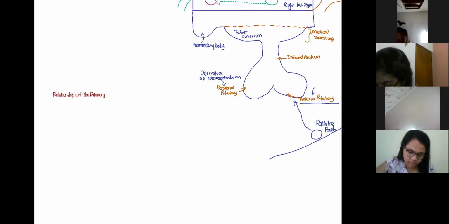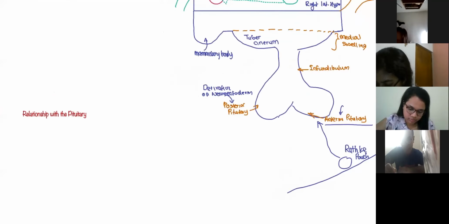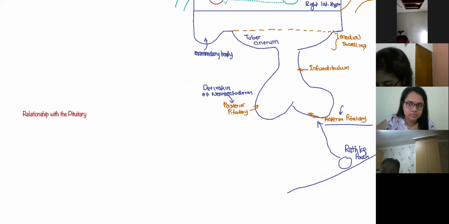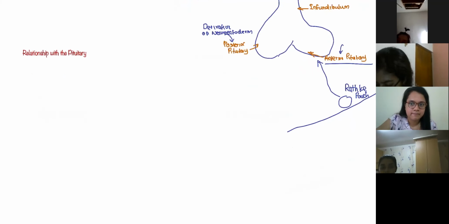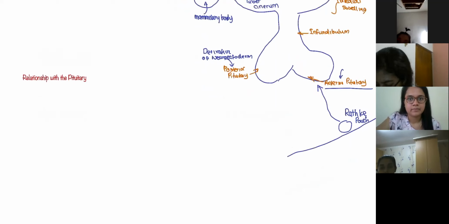Now, if I was to ask you guys a question, just based on this: the posterior pituitary has another name. Is it called neurohypophysis or adenohypophysis? Can you guys tell me? Neurohypophysis. Yes.